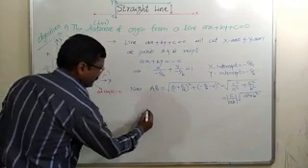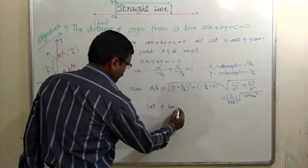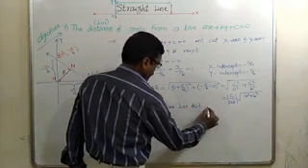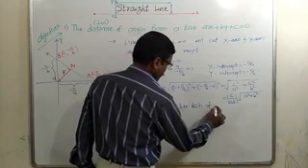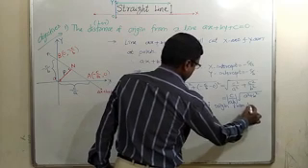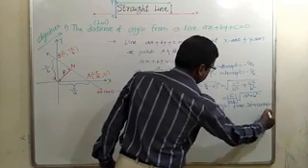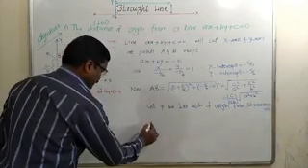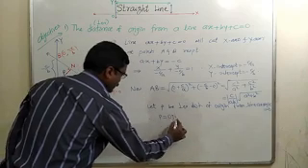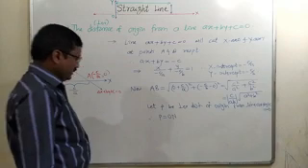So let p be the perpendicular distance of origin from line ax plus by plus c equal to 0. Therefore, p is equal to ON. And what is ON? ON is perpendicular to AB.